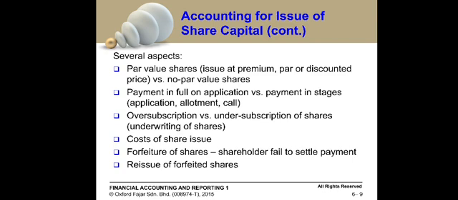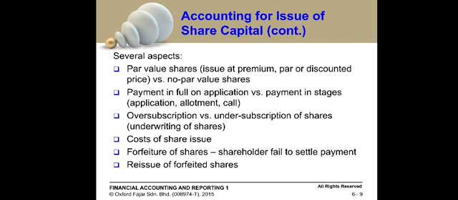So let's say the company got only 8 million in applications. The total application amount is 8 million only. So the situation is called undersubscription. The company wants to sell $10 million of shares, but the willing buyers only want $8 million. So 2 million undersubscription.